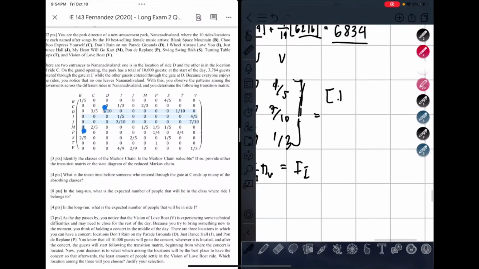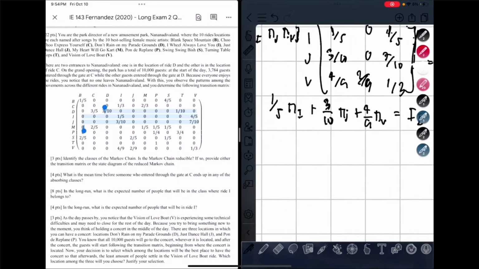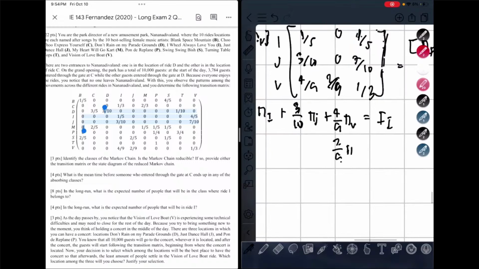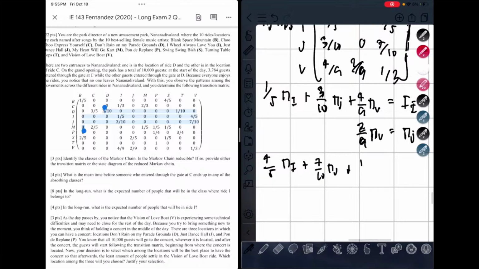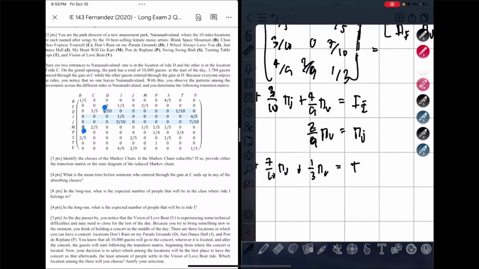Because this is equal to basically. Okay, and then you have 2/9 pi v is equal to pi j, and then you also have, well, it's redundant, but for the sake of completeness, 4/5 pi I plus 7/10 pi j plus 1/3 pi v equals pi j.